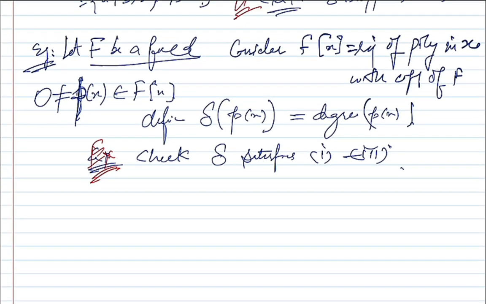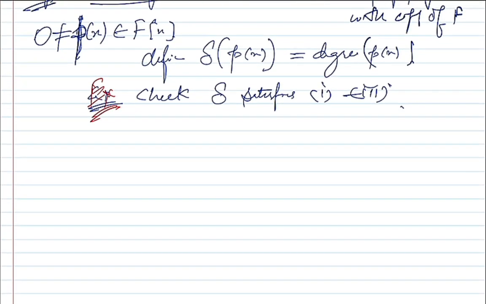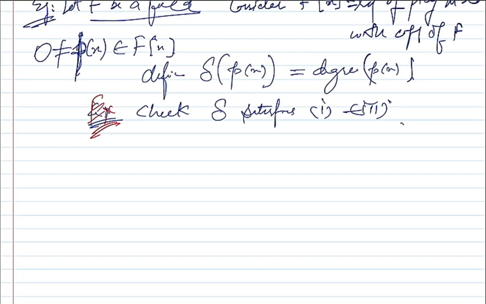So that is also a good example of a Euclidean domain. So this delta is called a valuation, a valuation map.